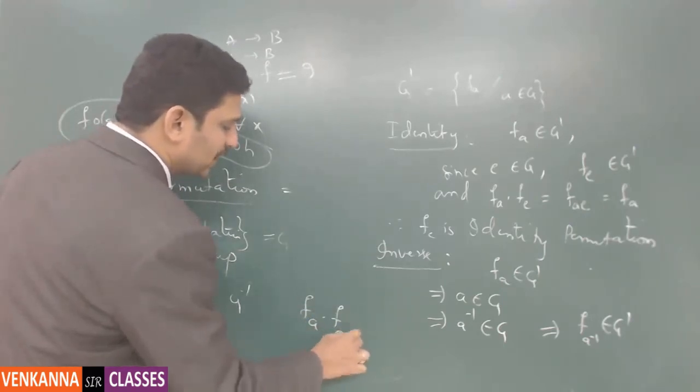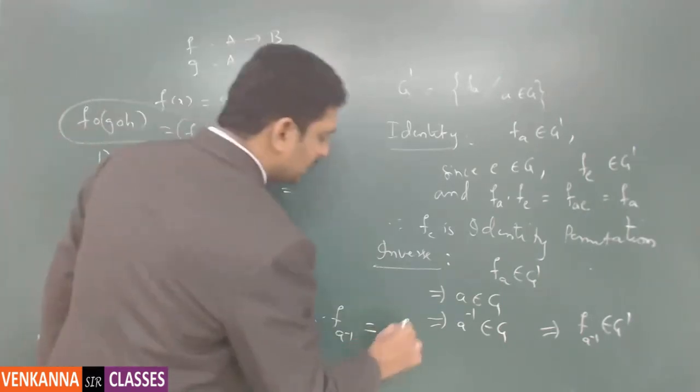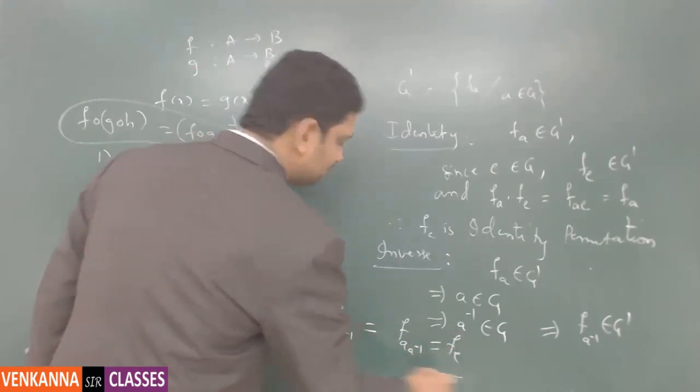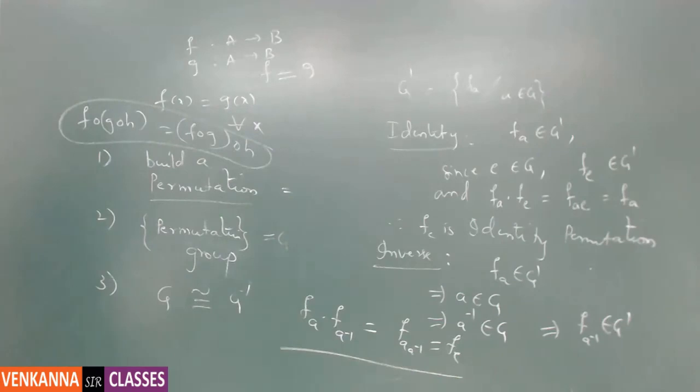So the inverse of FA is F A inverse, because the product F A inverse times FA is nothing but FE. So F A inverse is the inverse of FA in the set G dash. Therefore, G dash is a permutation group. That is the conclusion for the second part. Please check.